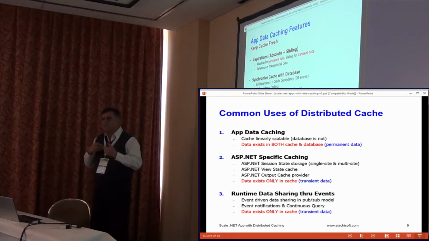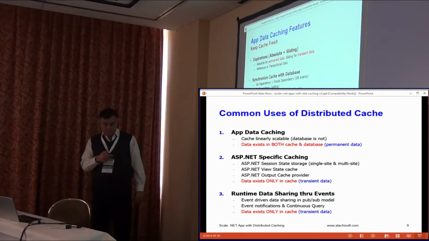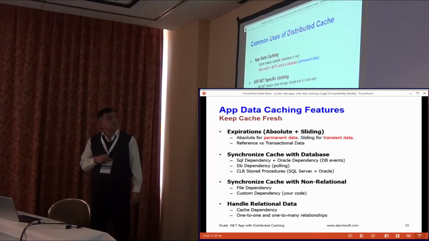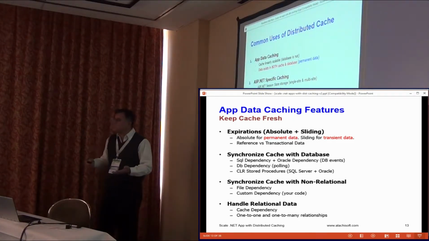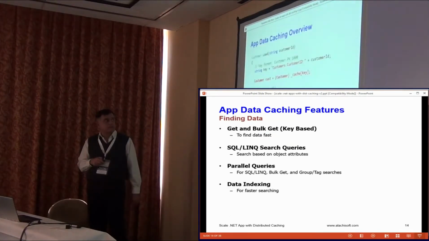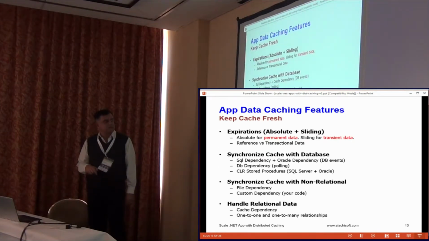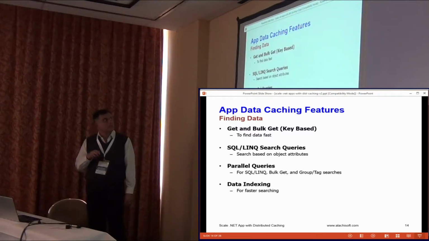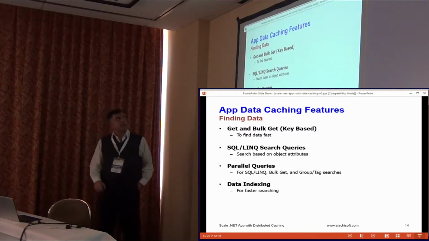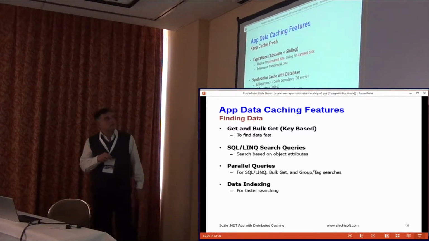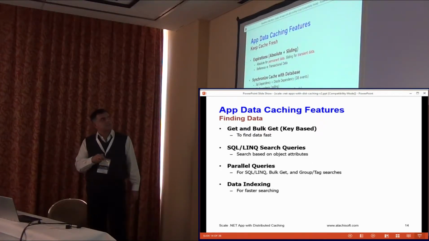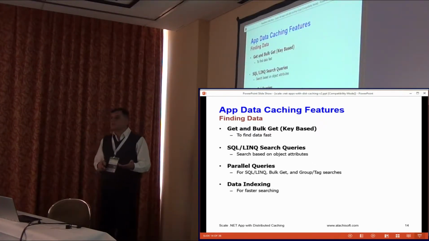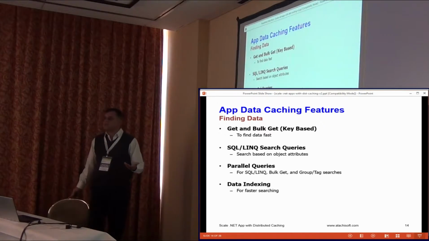If you remove the customer from the cache, there's no point keeping all of the orders in the cache. So either your application has to do all of that bookkeeping, or you just specify this dependency at the time of adding data. Then whenever you remove or update the customer, all of the orders are automatically removed by the cache. Again, data integrity reasons. So that's a very, very useful feature to have.